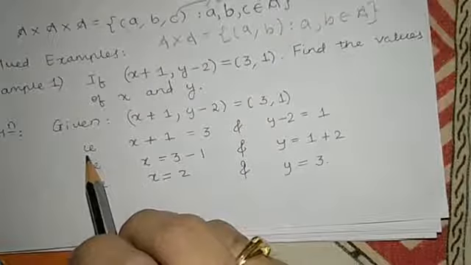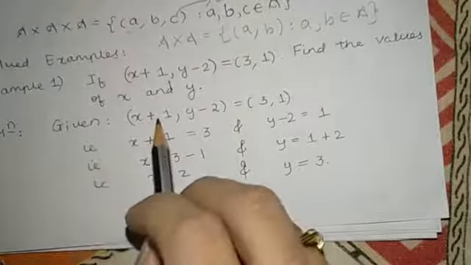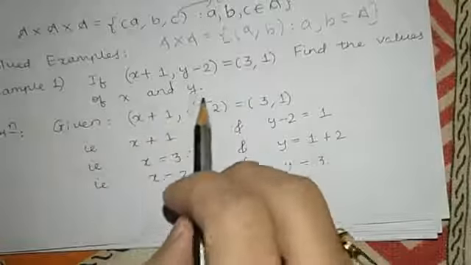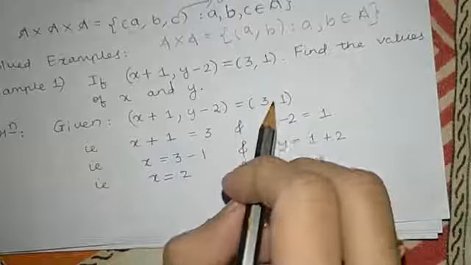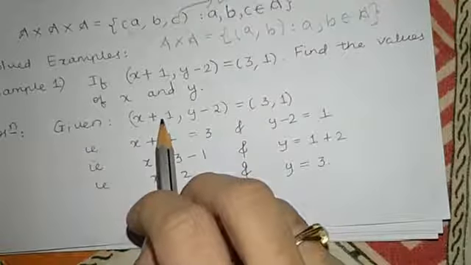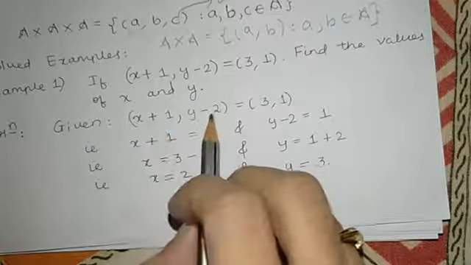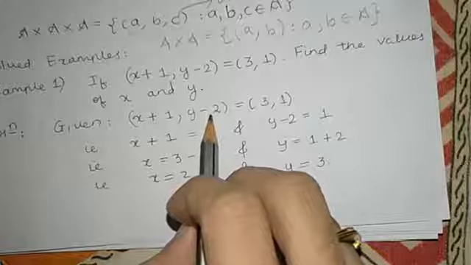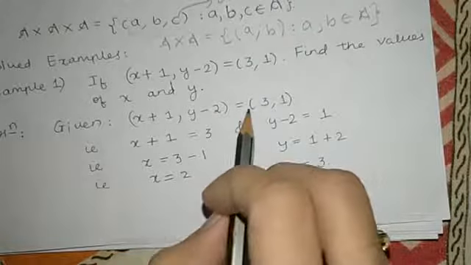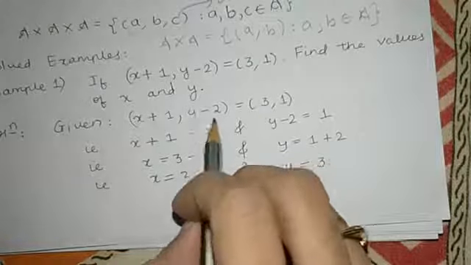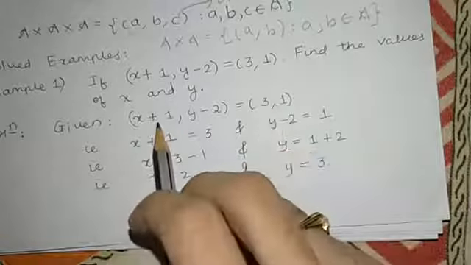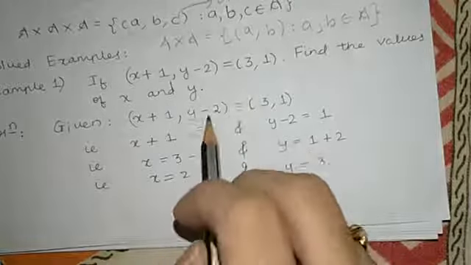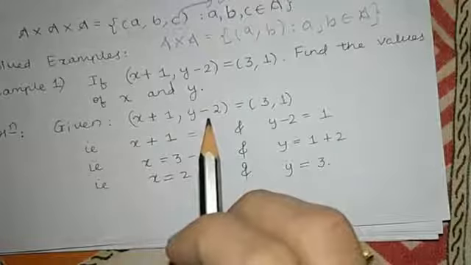By remark 1, two ordered pairs are equal if and only if the first elements are equal and the second elements are equal. That is, x plus 1 is equal to 3 and y minus 2 is equal to 1. Corresponding first elements are equal, corresponding second elements are equal.